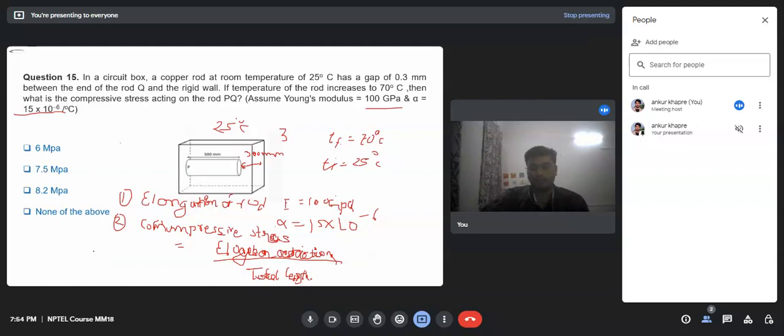After that, we will write the compressive stress sigma c, that is equal to Young's modulus into epsilon c, that is the compressive strain.